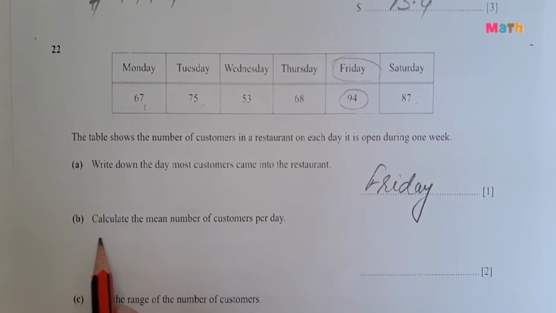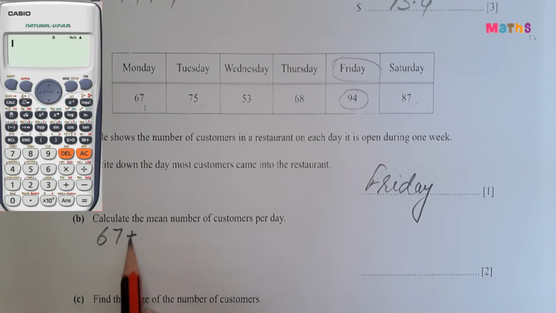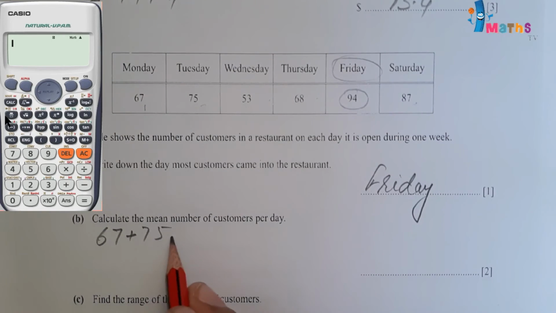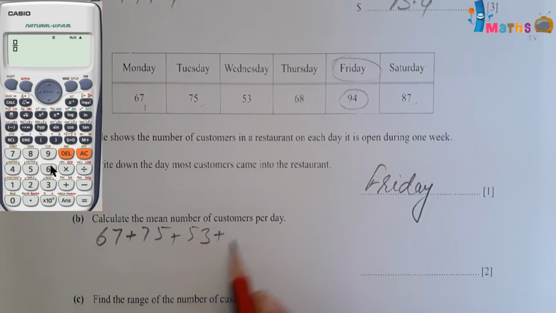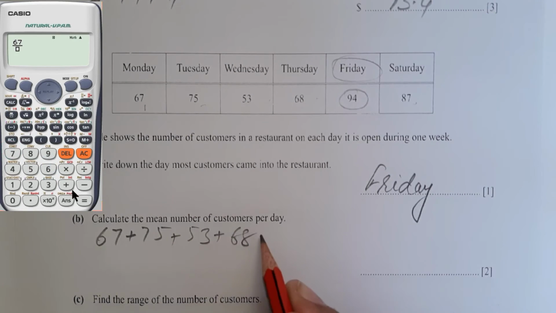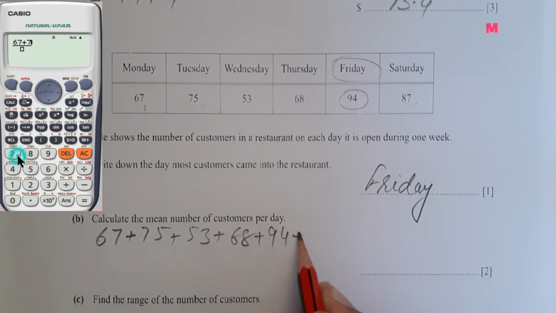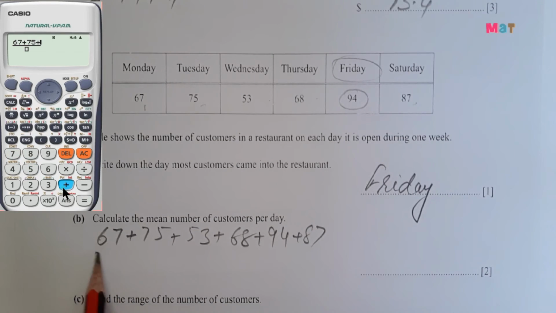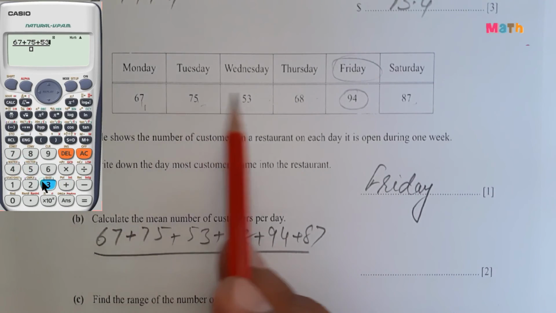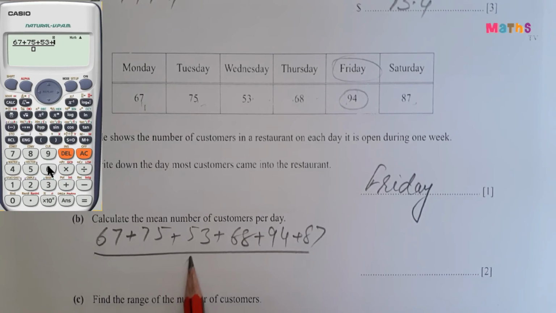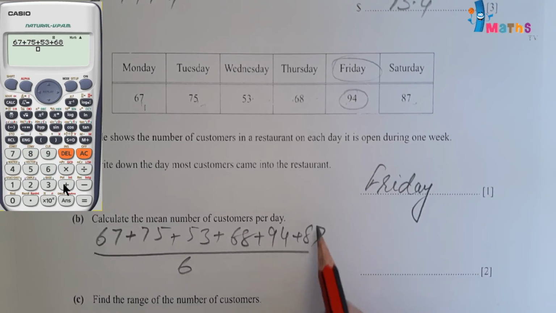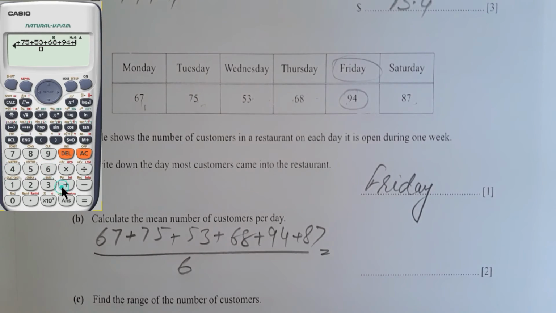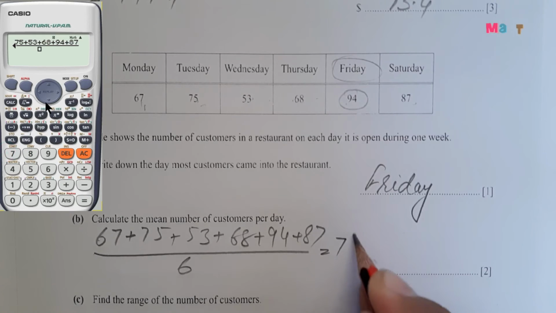Then calculate the mean number of customers per day. So we will add them, 67 plus 75 plus 53 plus 68 plus 94 plus 87, and divide by 6. After solving this, we'll get 74.